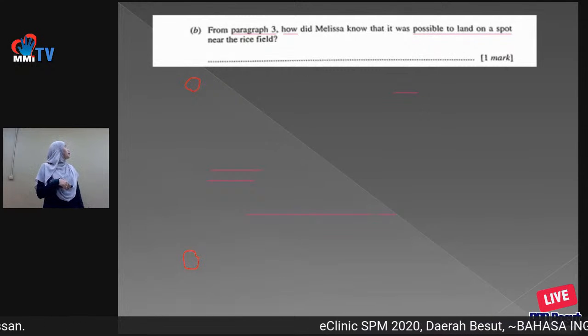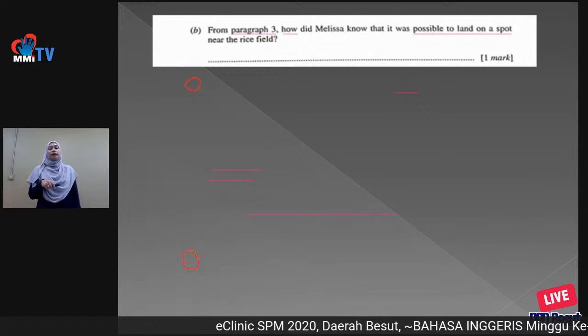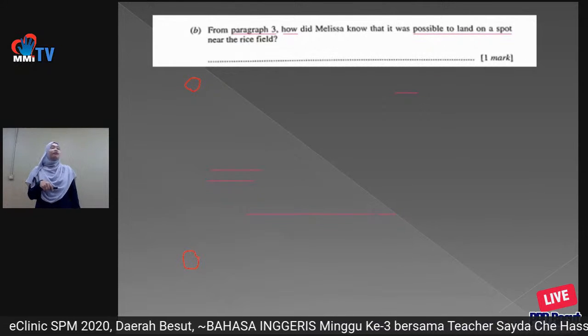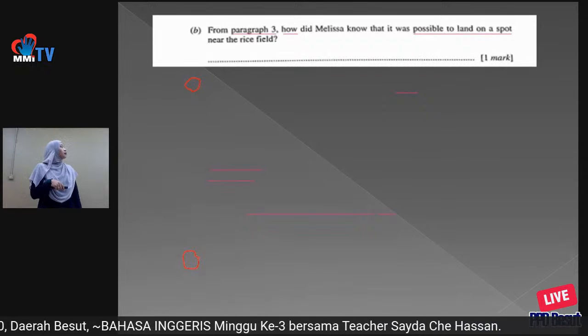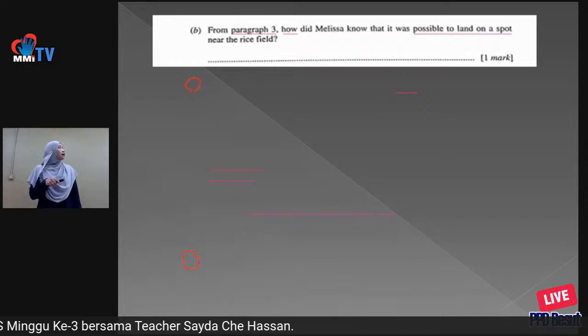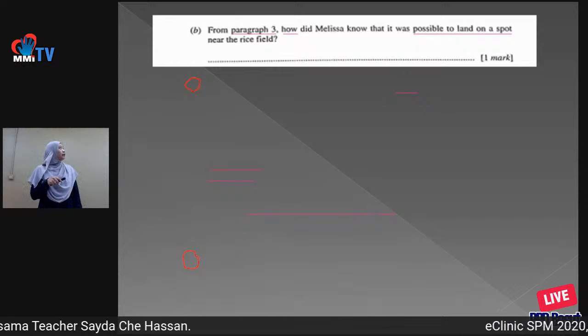Okay, 27B, the answer from a different paragraph. We now on paragraph 3. Okay, how? We underline how possible to land. Okay, land tu maksudnya, yang kamu tahu land tu tanah.